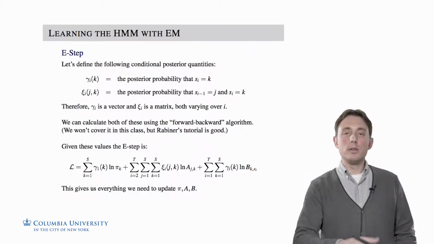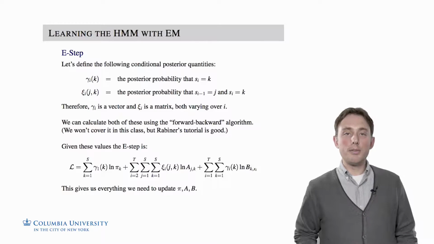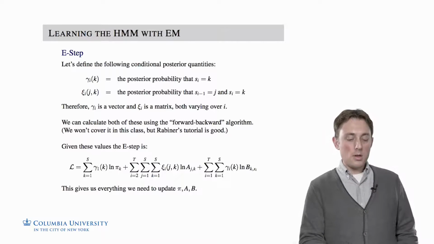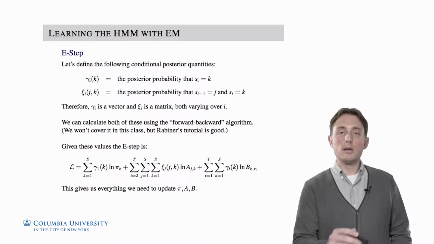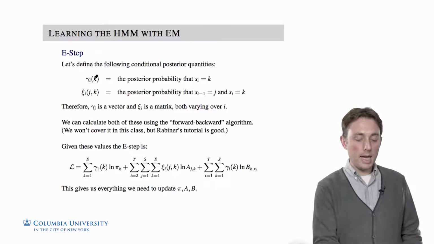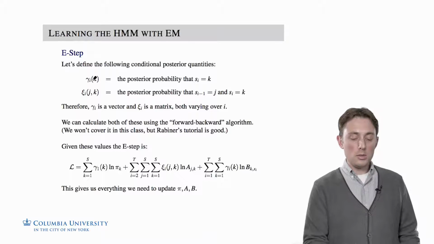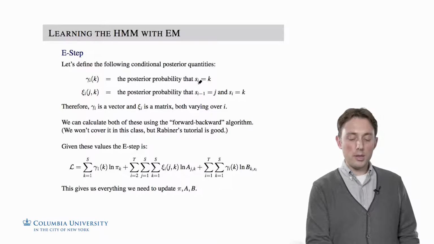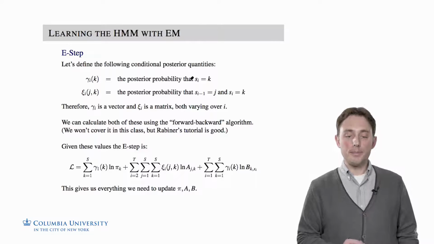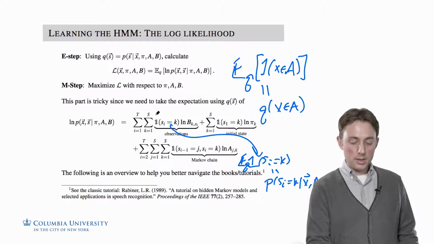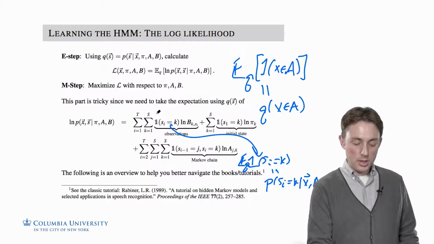Okay, so that's where these new definitions are going to come in. So in the E step, let's define two things. Let's define gamma_ik to be the conditional posterior probability of being in state k at time step i. So that corresponds to this. The expectation of this thing is equal to gamma_ik.